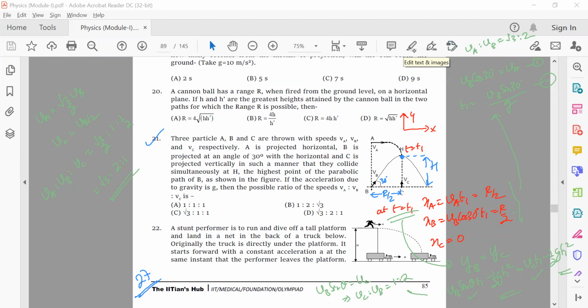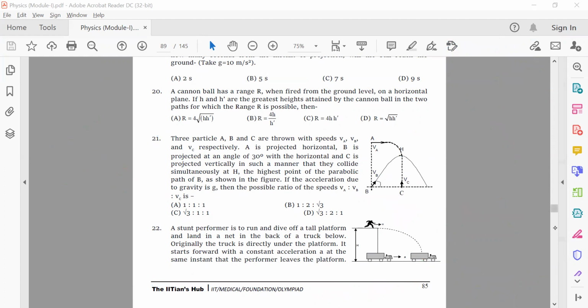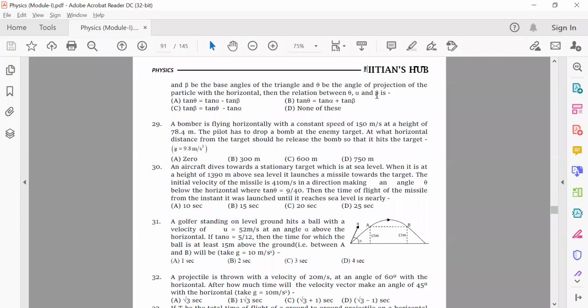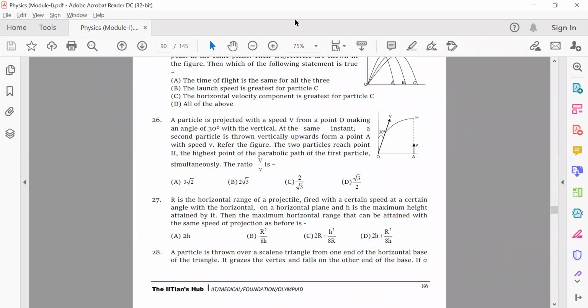Okay, so I'm moving on to question 27 next. So let's go through this question.